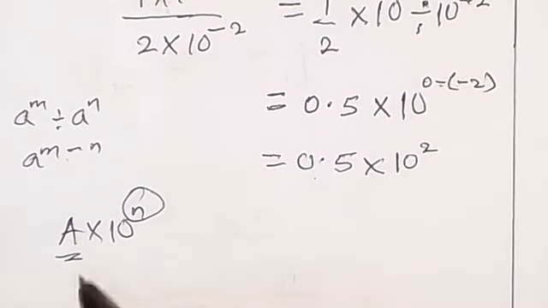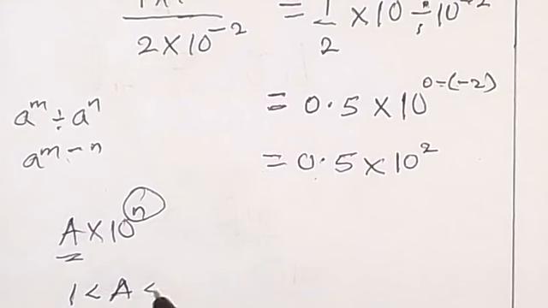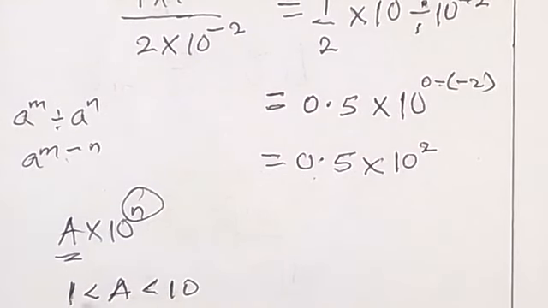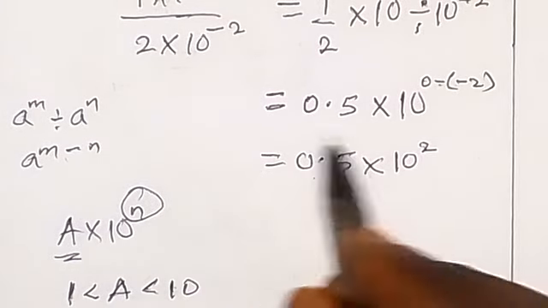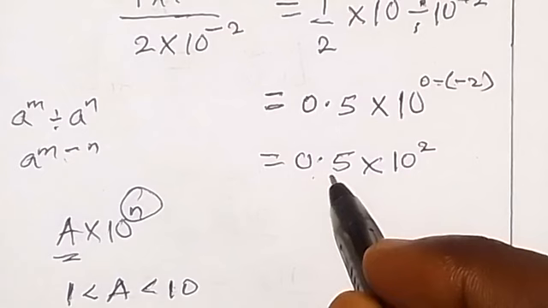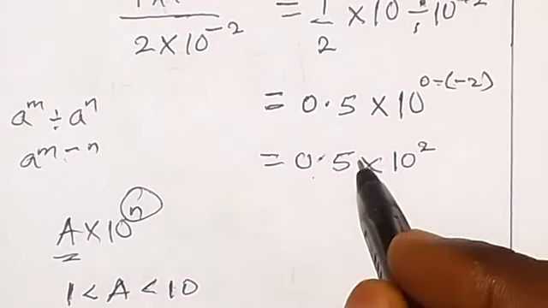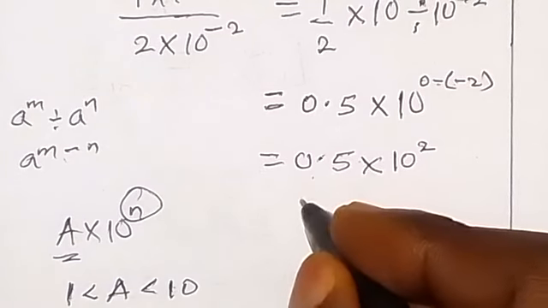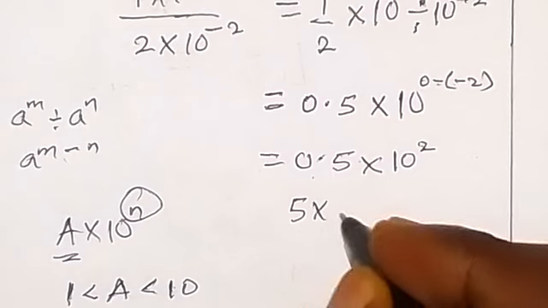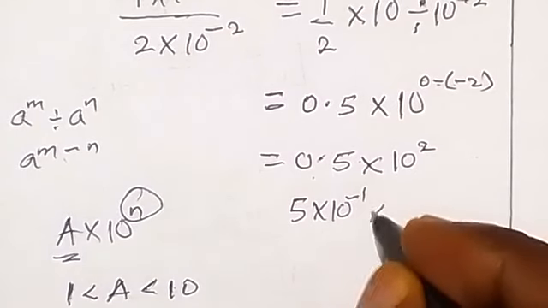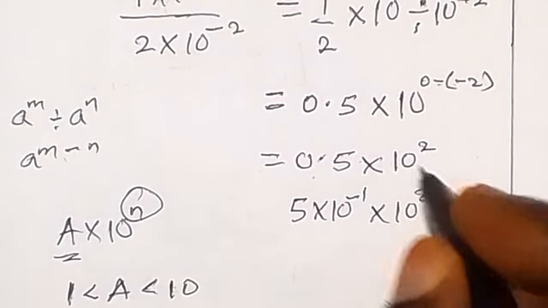But a is a number that is between 1 and 10, so it's not less than 1 and it's not up to 10. What we have here now is of course less than 1. So we need to shift this point again to this place, and when we shift it, that's 5 times 10 raised to the power minus 1, then times 10 raised to the power 2 that we have.